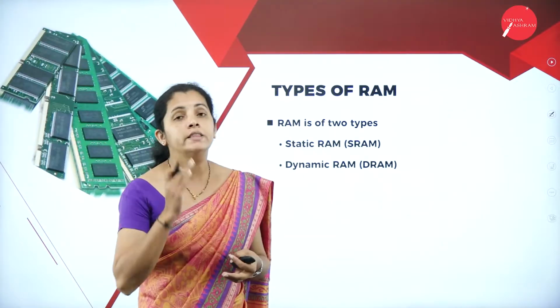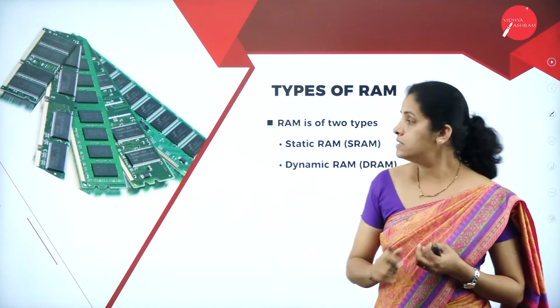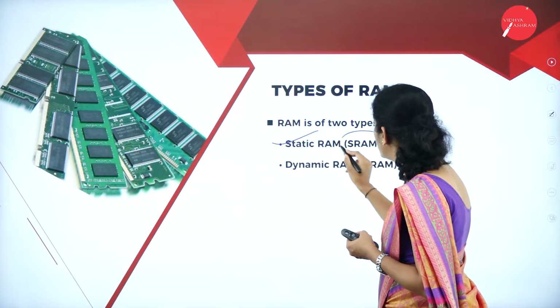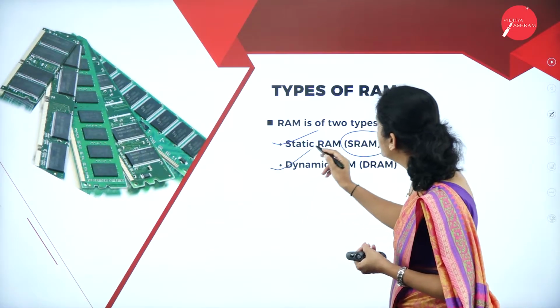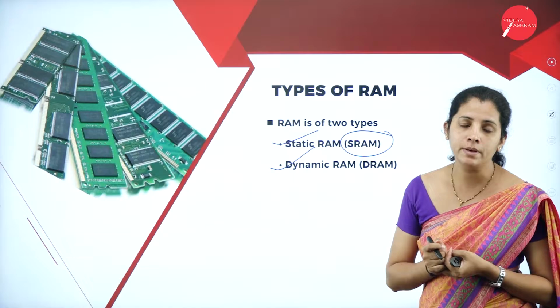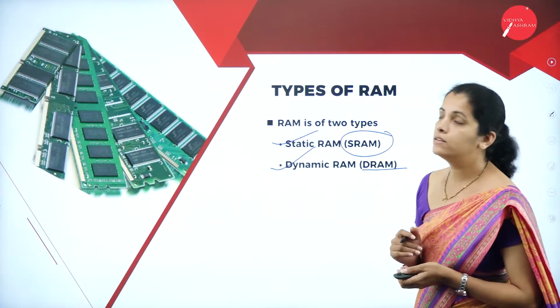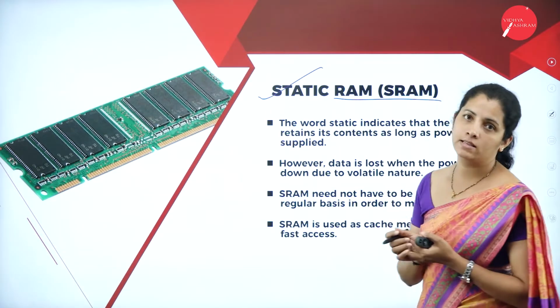Moving further, there are two types of random access memory: static random access memory, also called SRAM, and dynamic random access memory, that is nothing but DRAM. Moving further, let's look at static random access memory.